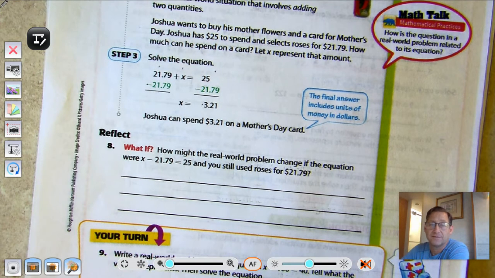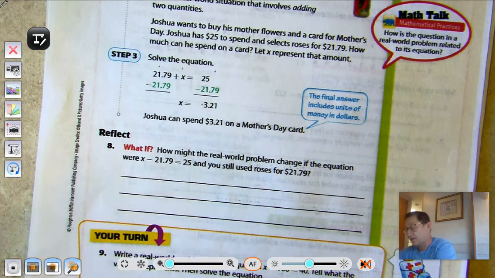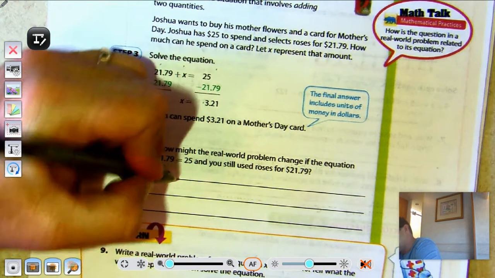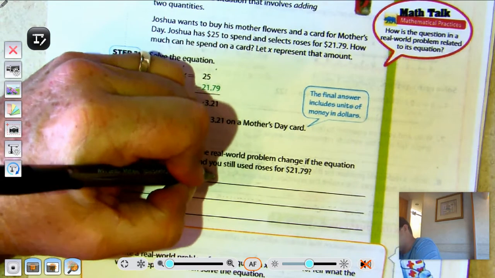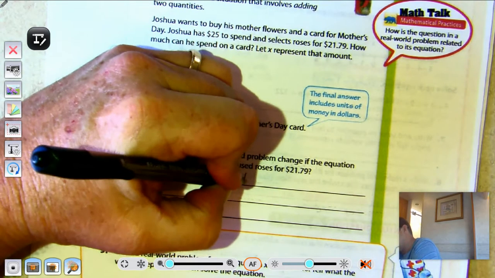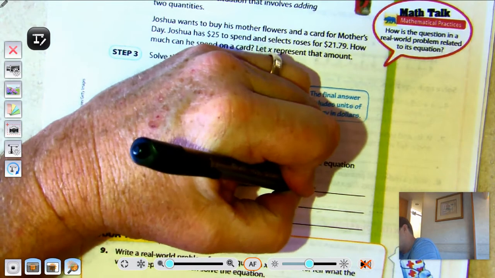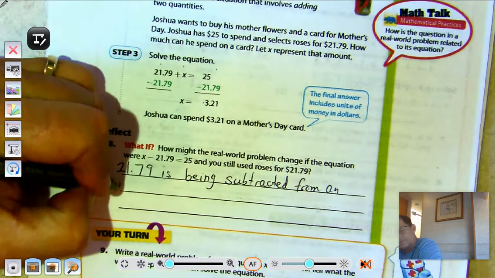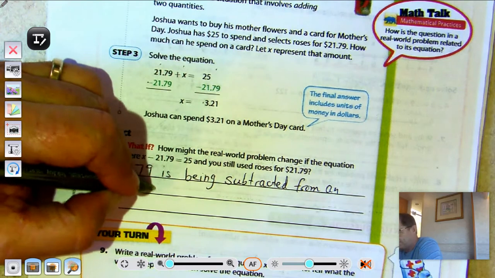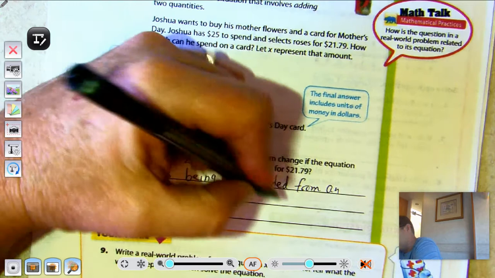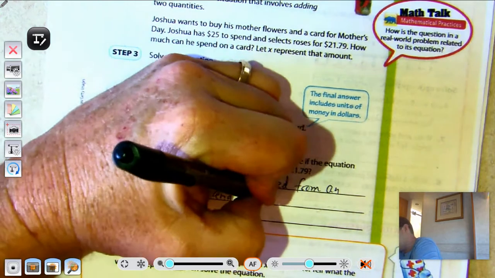All right, so how might the real world problem change if the equation were x minus 21.79 equals 25? And you still use roses for $21.79. So in this case, 21.79 is being subtracted from an unknown value. And the result is $25.